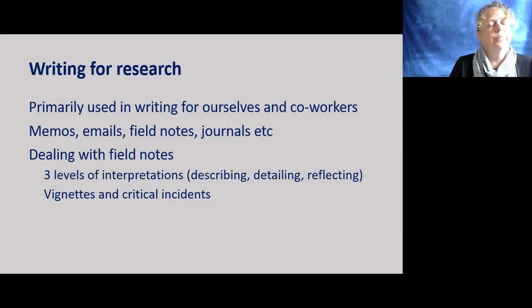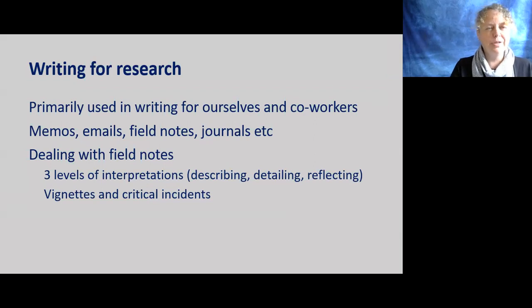Yeah, so I'm particularly keen to explain how we can use research journals in terms of writing and dealing with field notes, because a lot of the time when we're talking about keeping a research journal, nobody really tells you what to write down and how to respond and what to do with what you've written once you've written something.